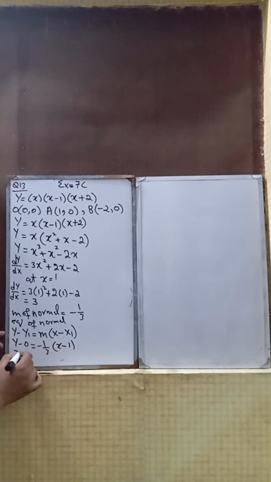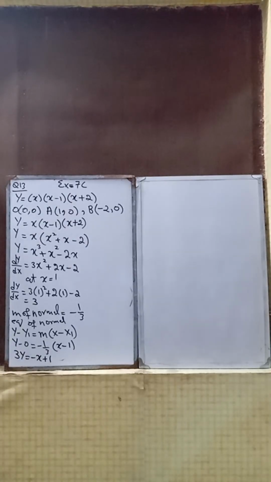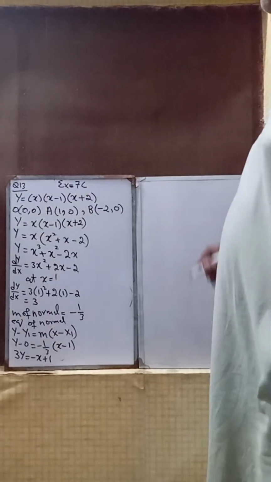So 3y is equals to minus x plus 1. So this is the equation of that normal at the point A.